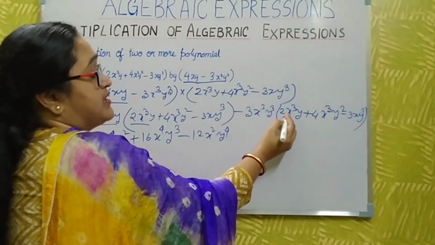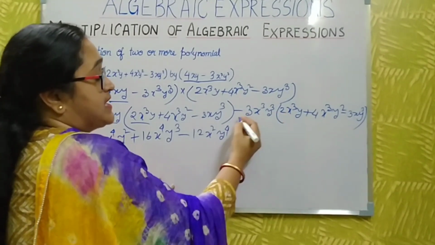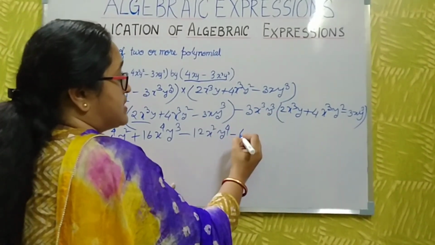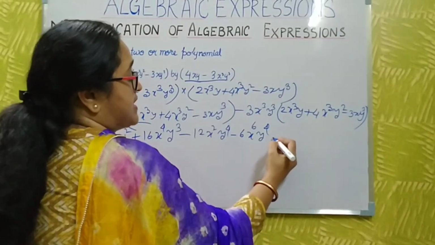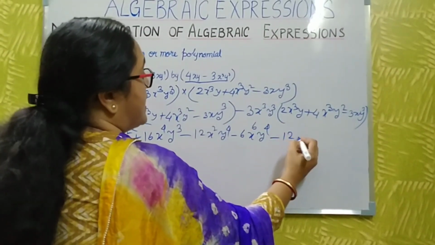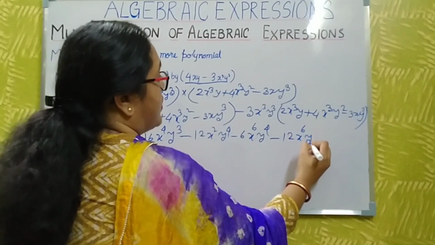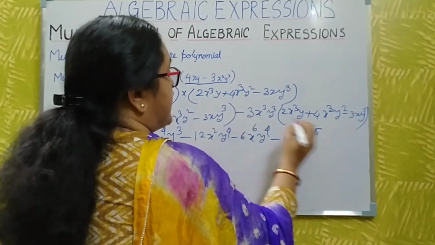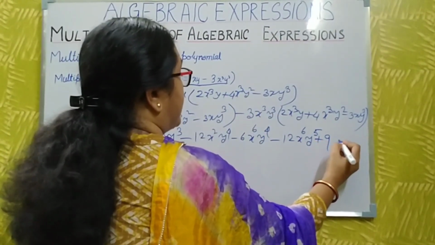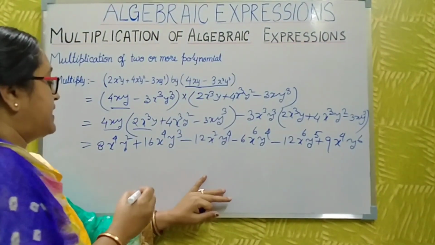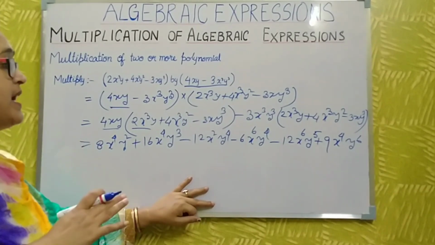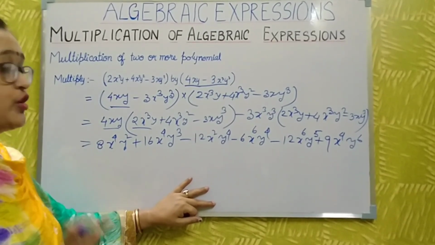First you multiply the signs: minus 2 is minus, so minus 2 x to the power 6 y to the power 4. Then minus plus, minus 4 is minus, so minus 4 x to the power 6 y to the power 5. Then minus minus plus, 3 is 9 x to the power 4 y to the power 6. Then you just check whether there is any like term or not.